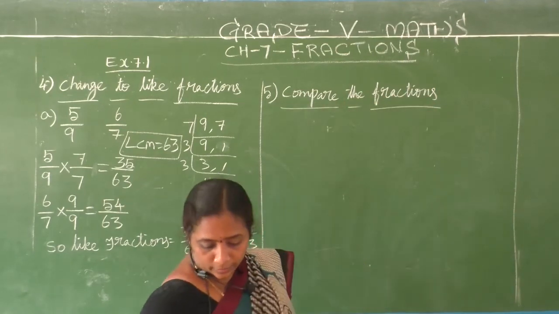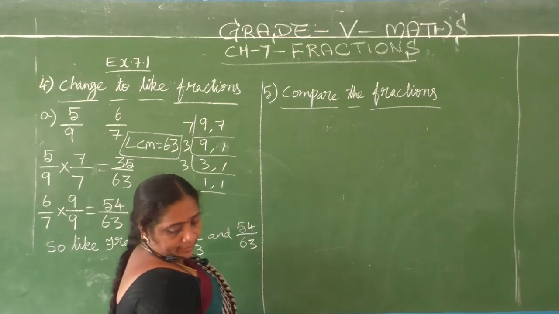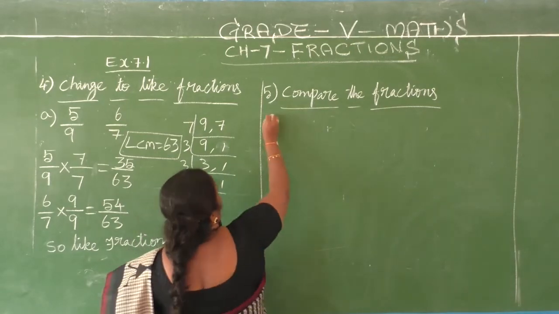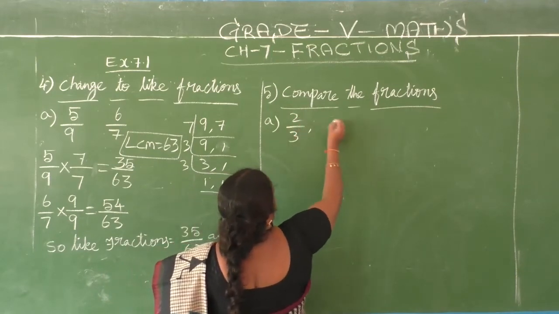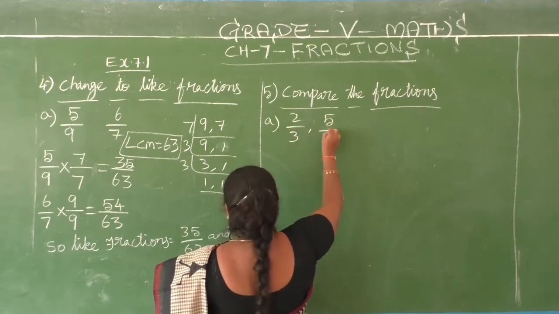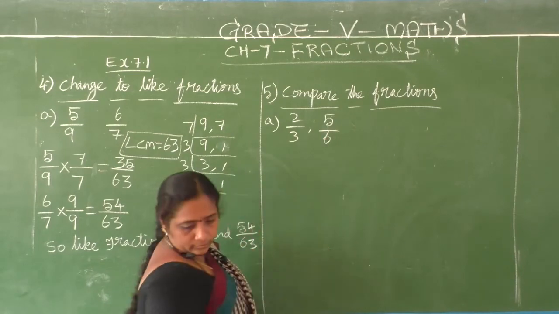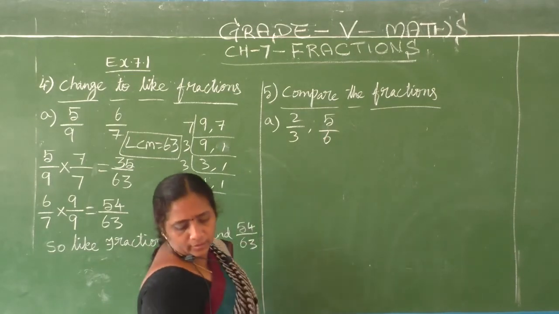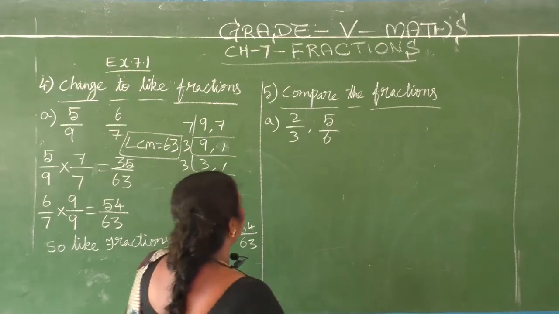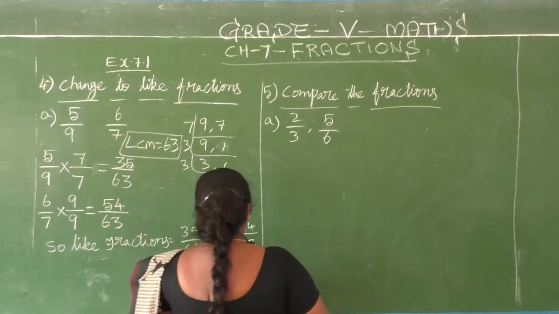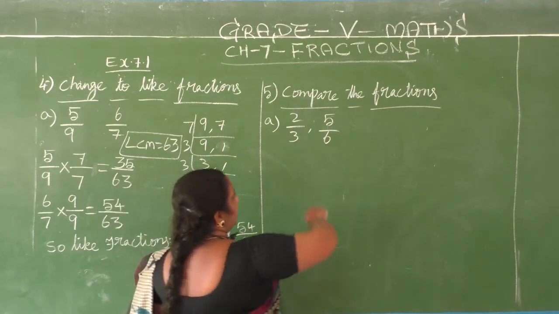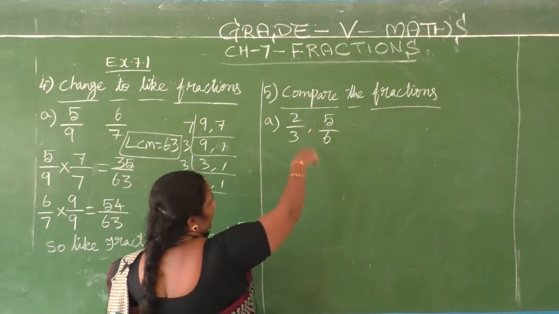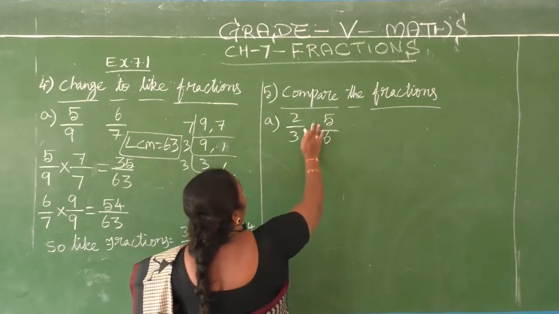What's the first one? First sum, 2 by 3, comma, 5 by 6. 2 by 3, yes, 5 by 6. Okay. So how can we compare the fractions? By cross multiplication we can compare.